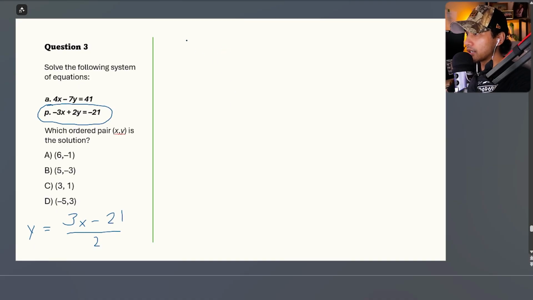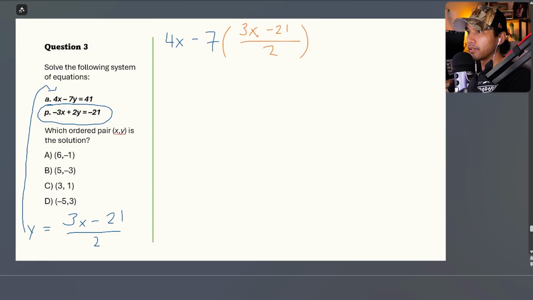So let's just go ahead and plug this y into equation A. So we get 4x minus 7 times (3x minus 21) over 2 equals 41. We're almost there.